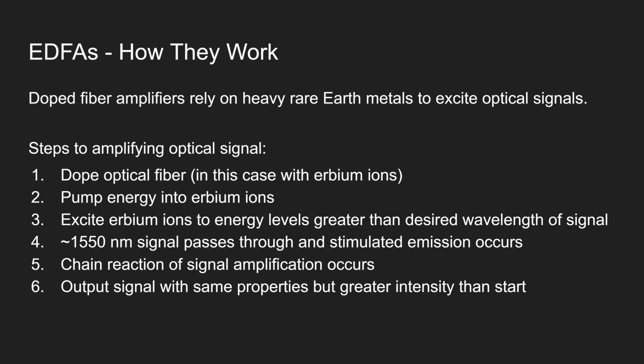In this case, erbium is best suited for 1550 range signals, which are the best signals for the least amount of loss in silica. And so that's why it's the most attractive as well.